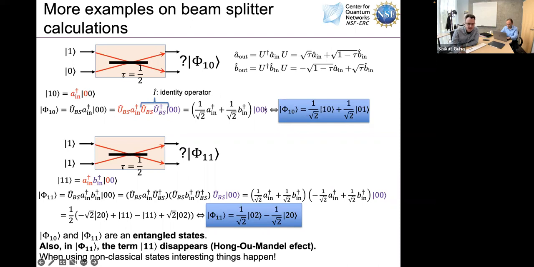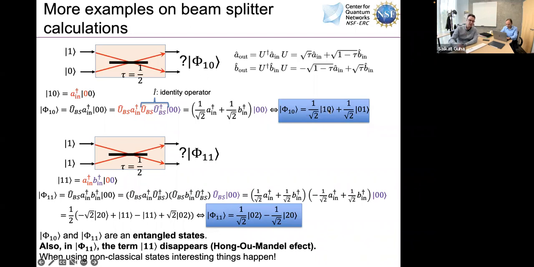I can just rewrite it like that. Okay, so this is now a dagger out. And I know how to act with annihilation and creation operators on my vacuum state, and this is exactly the state I get. Now you see here that if I have a quantum state, I didn't get a separable state, I got an entangled state.